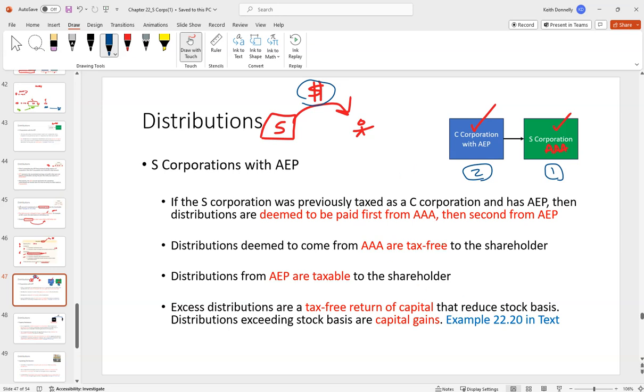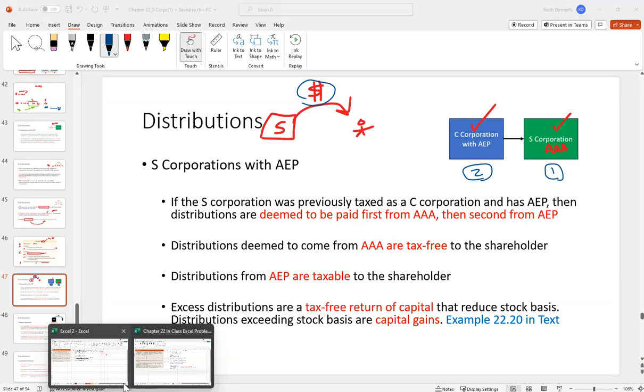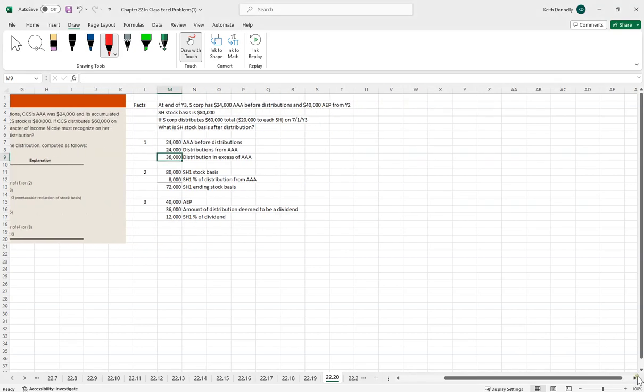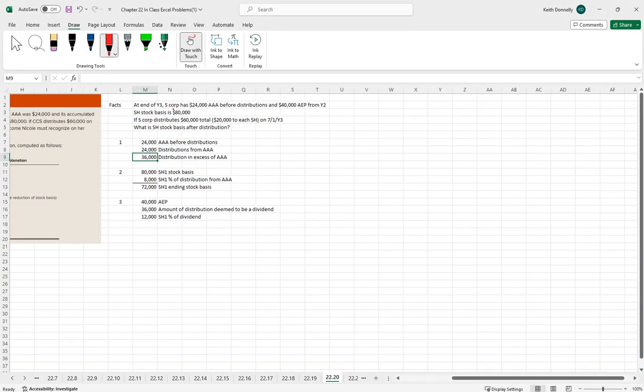Let's look here at 2220. So they're giving us some information. Looks like we have an S Corp that has $24,000 of AAA and $40,000 of AEP. So we have AAA from our S Corp days of 24, and we have AEP from our throwback days of 40.